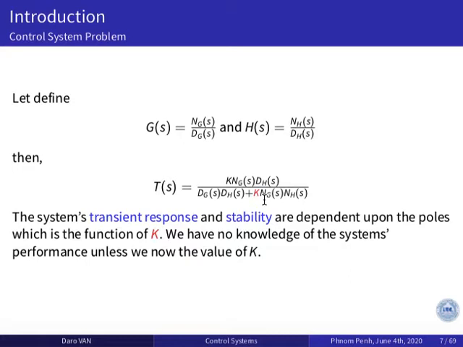As you can see from this function, the system transient response and stability will depend on this k, because the system transient response and stability depend on the poles, and the poles are functions of k. Again, we do not have any knowledge of the system performance unless we know the value of k. And we will get back to this later.